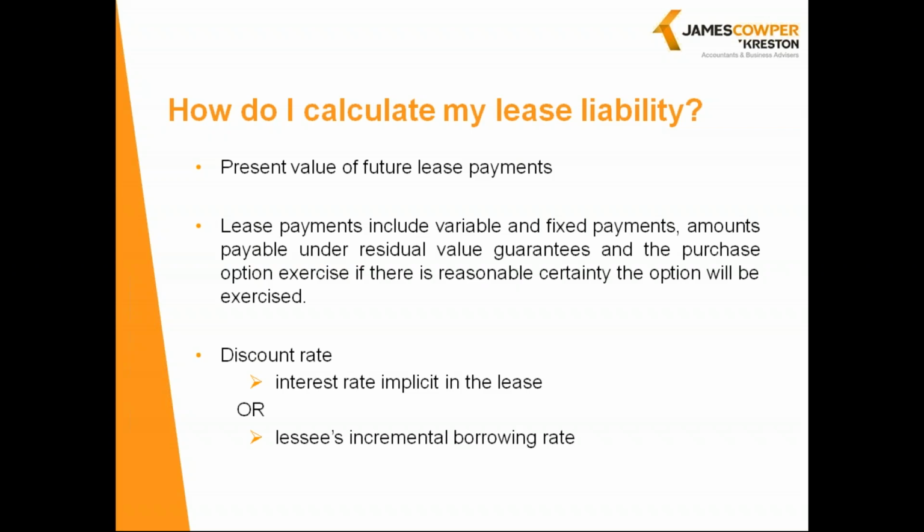So basically anything you will be paying over to your lessor. To calculate the present value, you'll need to use a discount rate. There are some options here. You can either use the implicit rate of interest within the lease, or if one is not included in your lease documentation, the company's incremental borrowing rate.